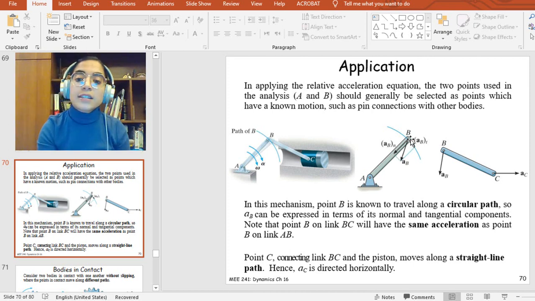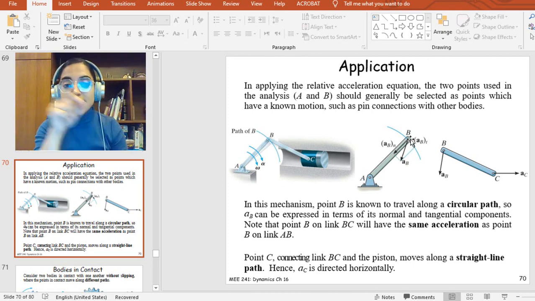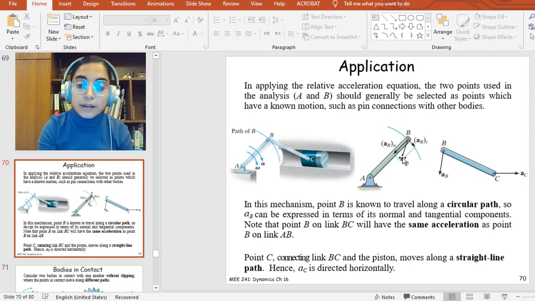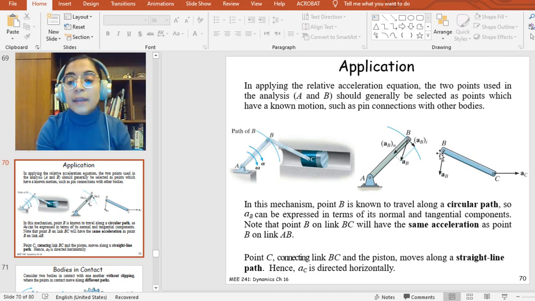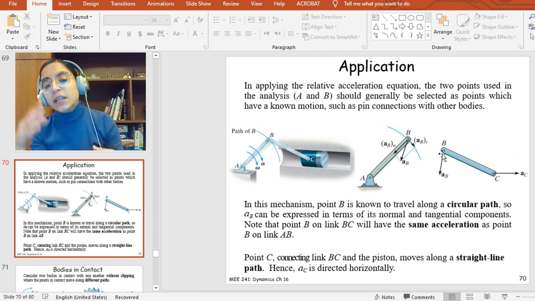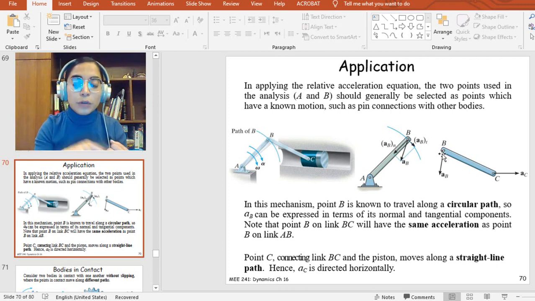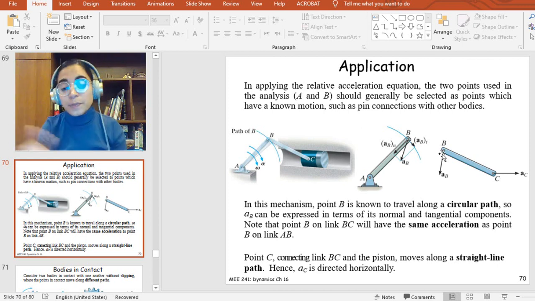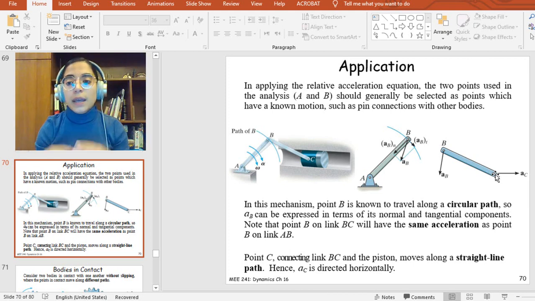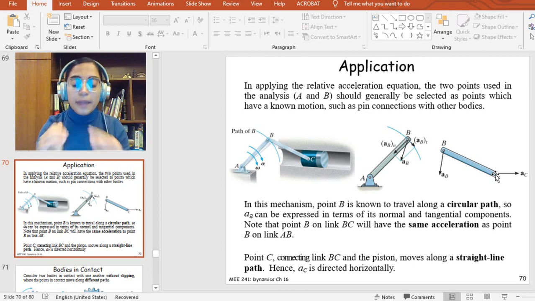And don't forget that this B is common between the links AB and BC, which means I'm going to take this AB here, and then AB here will be equal to AC plus alpha cross RB with respect to C minus omega squared times RB with respect to C, and I know that AC is horizontal, plus or minus. This could be found from the equation.